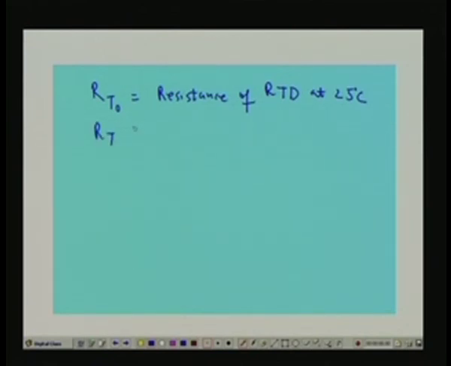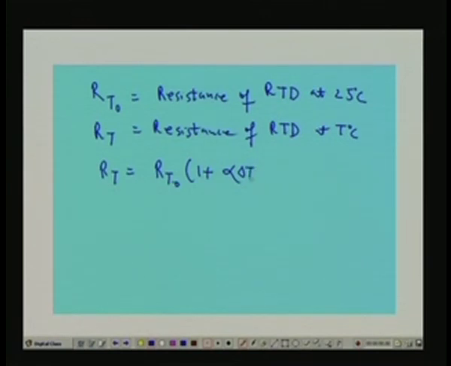RT is the resistance of the RTD at a temperature of T degree centigrade, and RT obviously we know is R_T0 at 0 degree centigrade plus alpha.